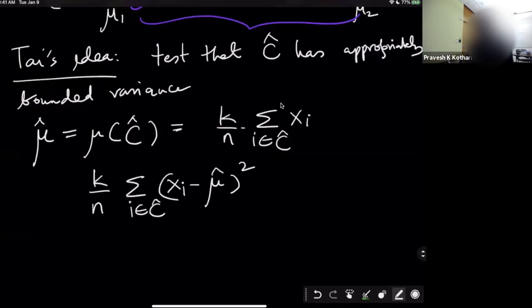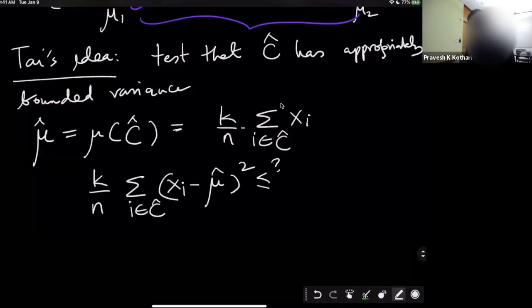Now let's try to understand what I should compare it to. If C hat happened to be one of the true Gaussian clusters, what would this quantity look like? Well, if I take a large enough number of samples, mu hat should be close to the true mean of that cluster, and the empirical variance should be close to the true variance of the Gaussian it was generated from, and the variance of each of my Gaussians was 1, right?